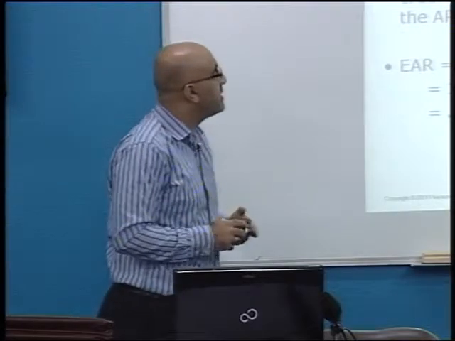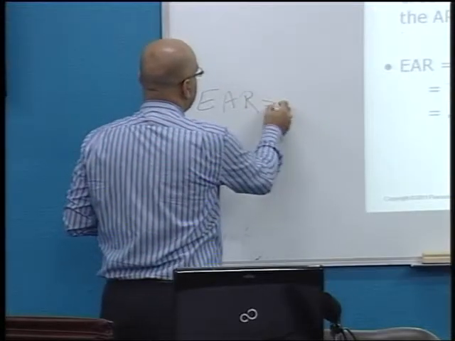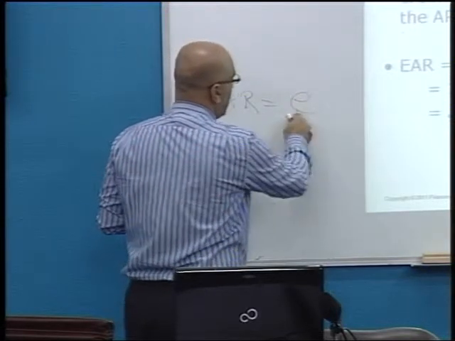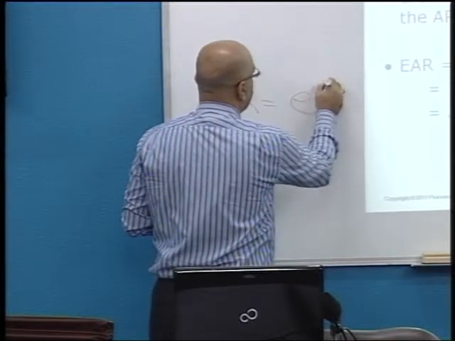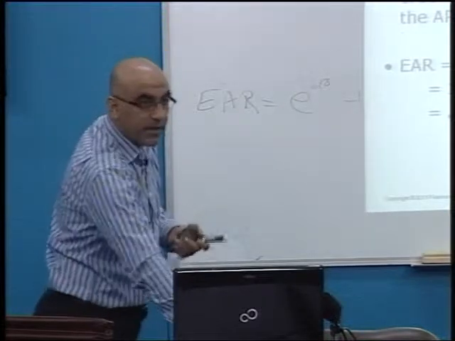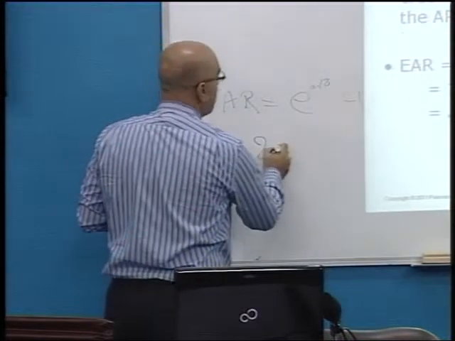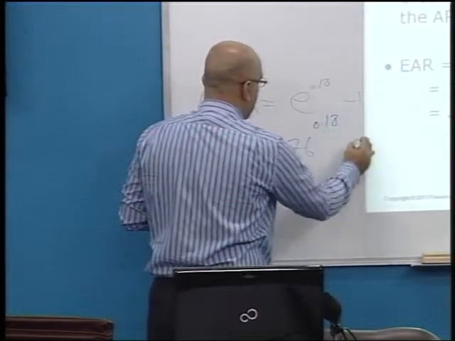Take this example here, example 5.10. What is the effective annual rate on your credit card with continuous compounding if the annual percentage rate is 18%? So the effective annual rate is equal to e to the power 0.18, minus 1.